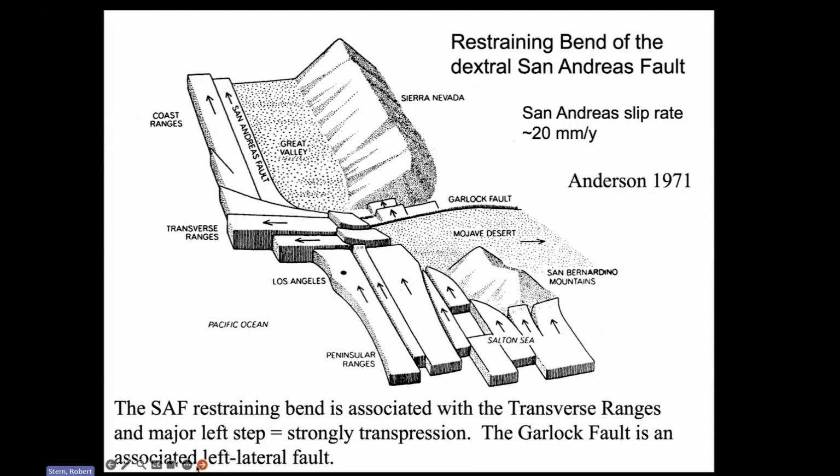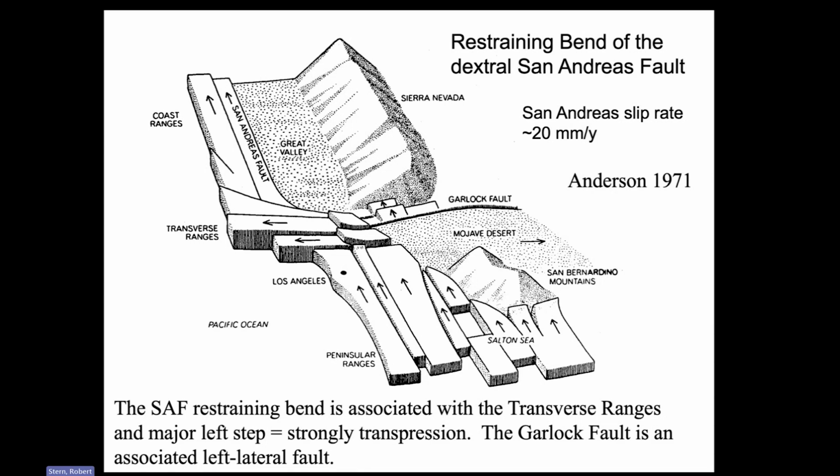This is a cartoon generated by Don Anderson. We read a paper of his about the lithosphere, or at least we talked about it. And this is sort of a cartoonish example of the structure. We talk about the San Andreas Fault and transforms as being plate boundaries.